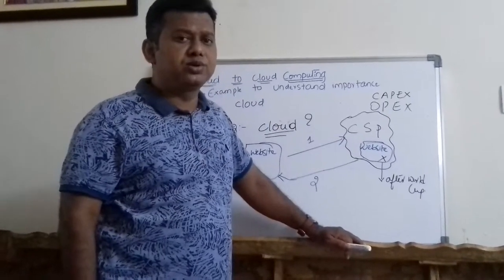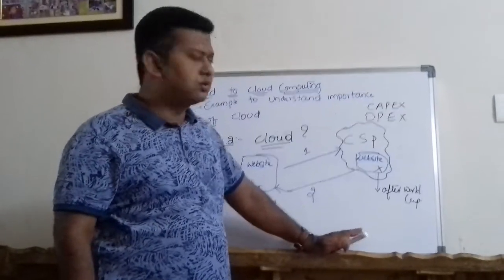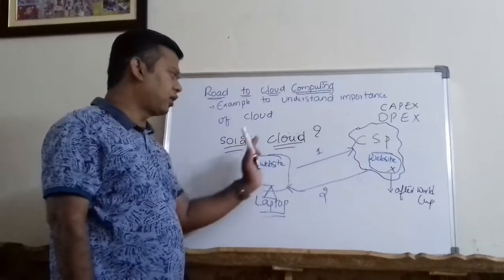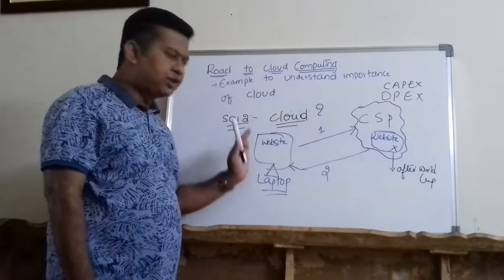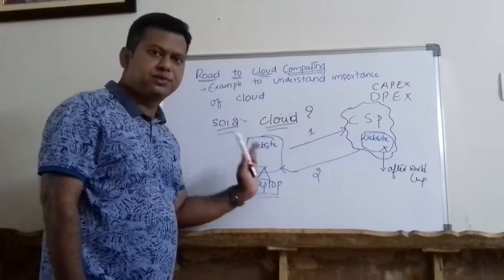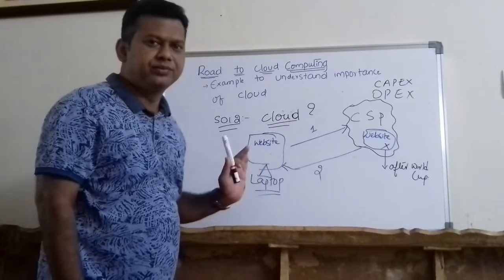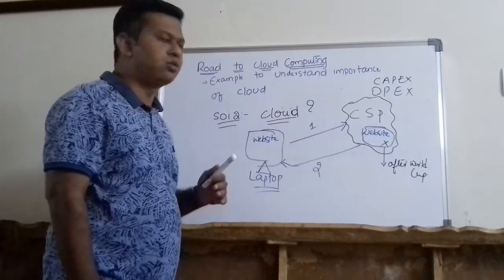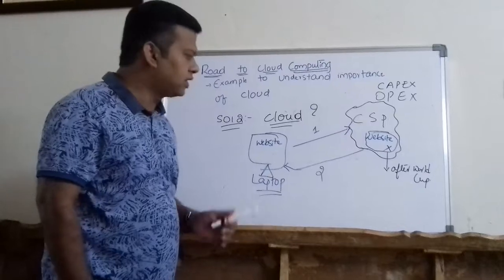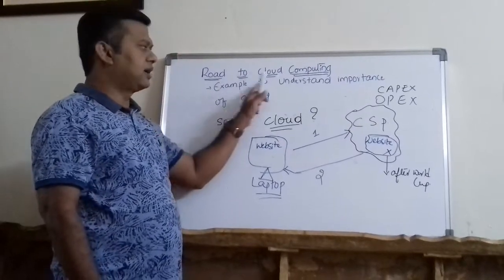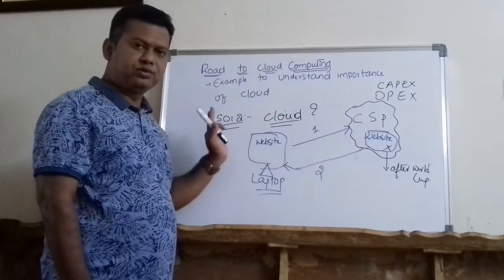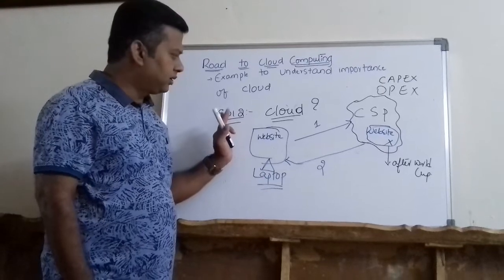When compared to solution 1, you might have understood how beautiful a solution the cloud has given to you. This is the beauty of cloud computing. In detail, we will understand cloud computing in our future classes. As of now, this was an example to understand the importance of cloud.